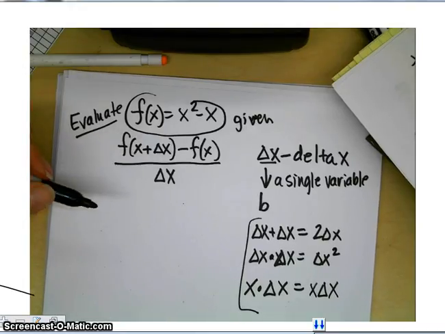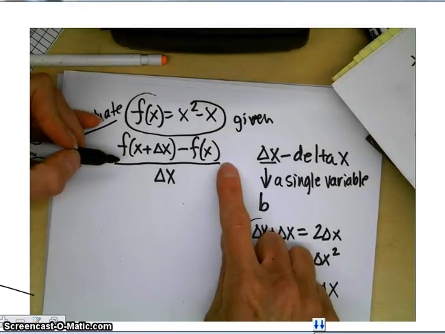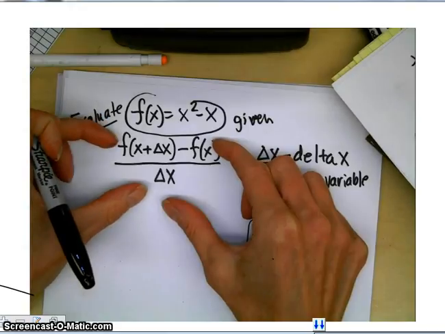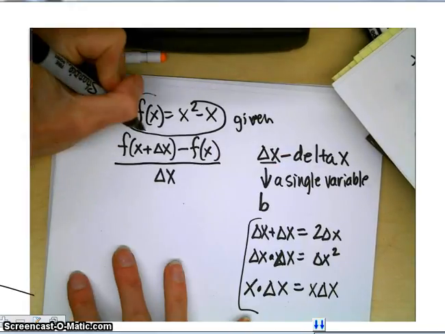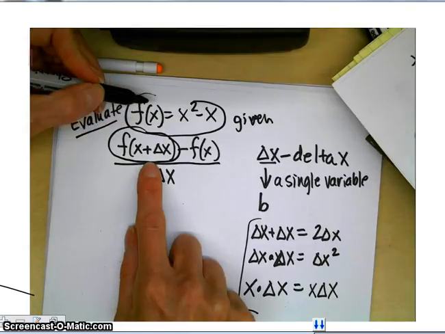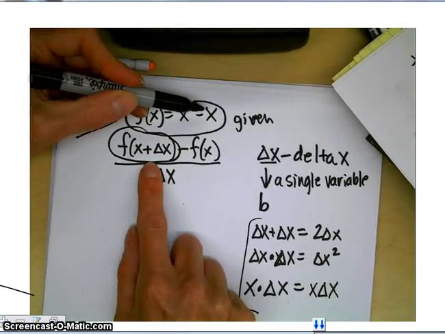Now here's what I need to think. I need to think of this as 3 separate parts that I'm going to find and then put all together and do this big subtraction and then division problem. I have to take this, which I need to find based on whatever function I'm given. In different problems, your f of x may not be x squared minus x.